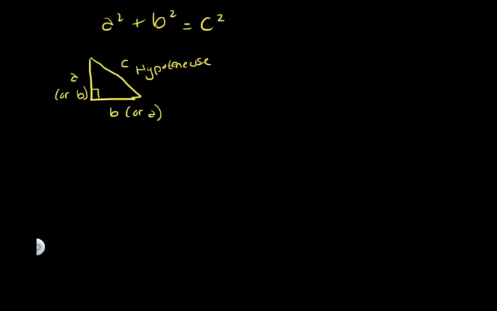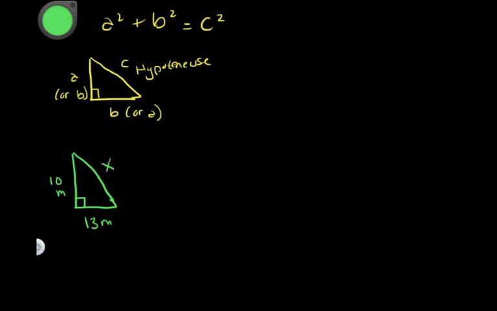So if we have a triangle, let's draw it out. There's my right angle, and we'll say that this leg is 10 meters and this leg is 13 meters. We don't know what this leg is.